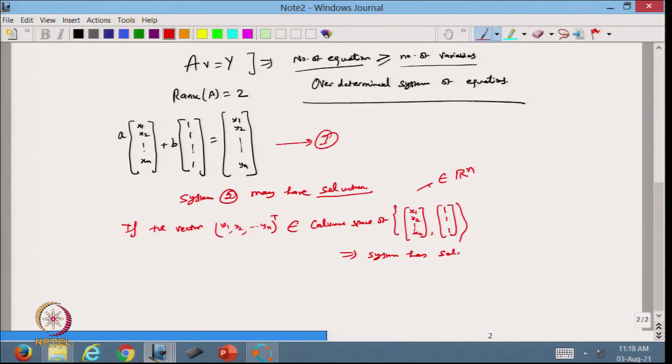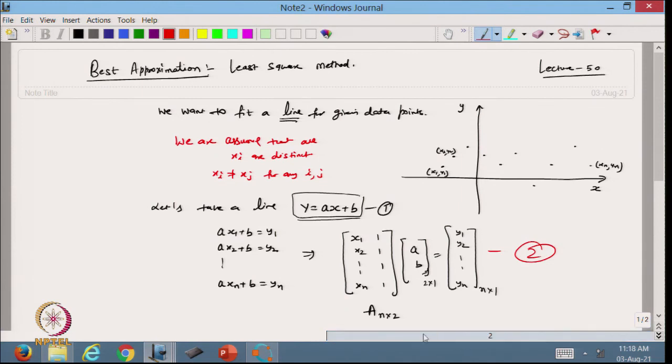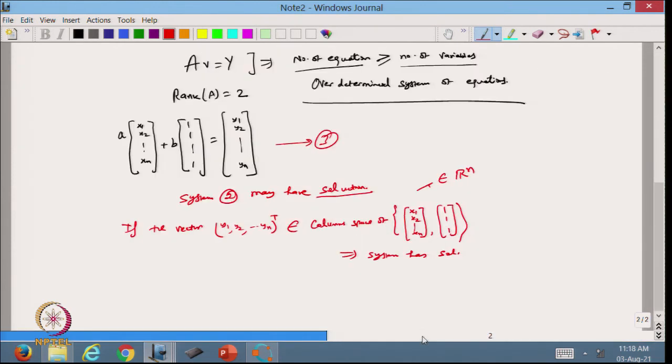And in this case, I know that this matrix is of dimension n cross 2, so its rank cannot be more than 2, but here the column vectors are linearly independent, so the rank of this matrix is 2. Now from here we can say that if the vector belongs to the column space, then the system has a solution, in fact a unique solution.